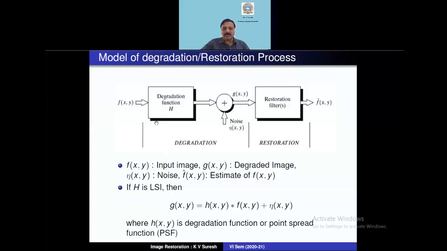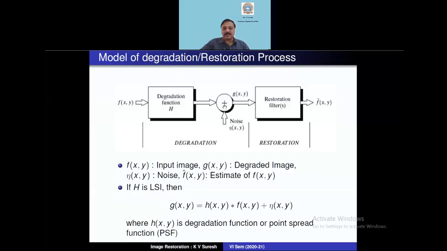What is the model I have used? You have to carefully observe. I am assuming that the blur function is a black box. It is just like a system where it takes some input and gives me some output. The input is a clean image. The output of this system is a blurred image. And I am making one assumption here, this plus sign.